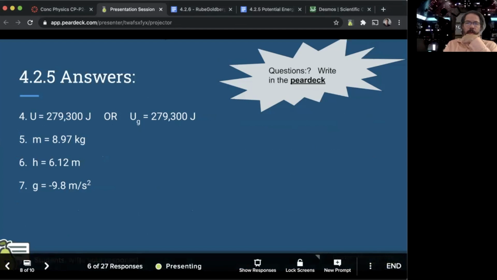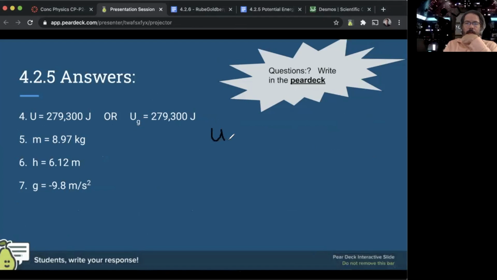Quick note, this drives me nuts, but we have not changed our equation sheet since I've been teaching at Steel Canyon. So in your equation sheet, it has UG equals MGH. This UG is supposed to be a modifier of U. It's the potential energy due to gravity.